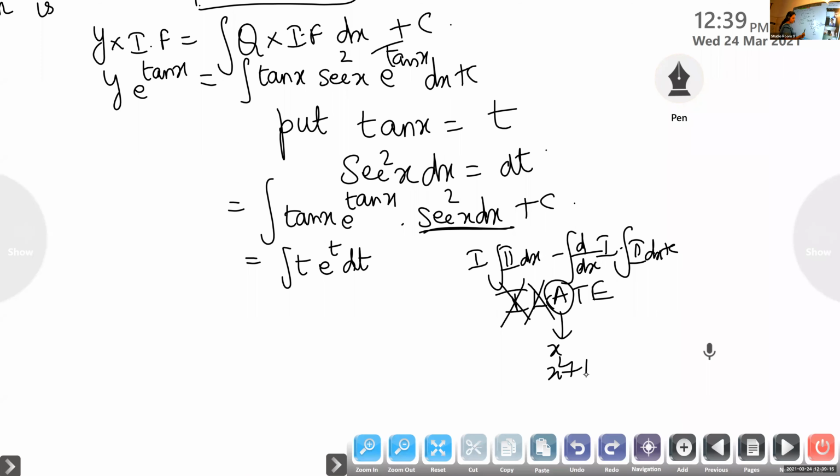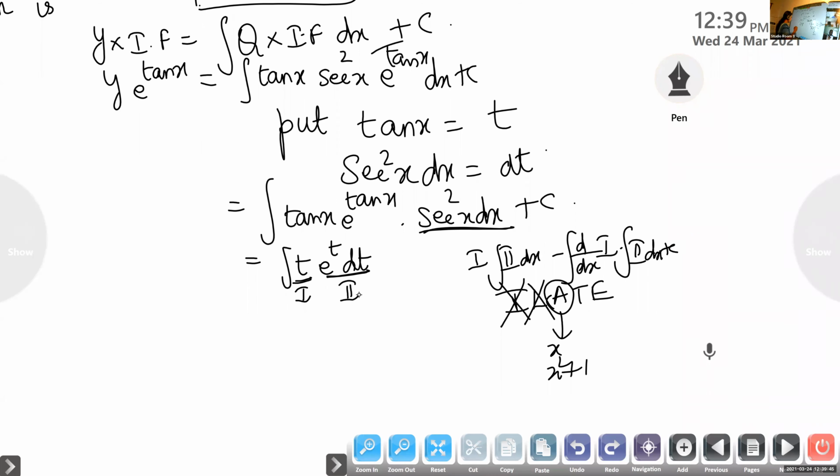Any polynomial functions we can take as algebraic. Here, instead of x, we have t. So t is the first function, and e raised to t into dt is the second function.